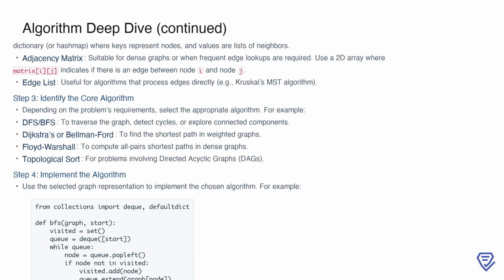For dense graphs, an adjacency matrix is more suitable, as it allows constant-time edge lookups, represented by a 2D array where each cell indicates the presence of an edge. Alternatively, an edge list is ideal if the problem involves processing edges directly, such as in Kruskal's algorithm. Selecting the appropriate representation can simplify your algorithm and improve its efficiency. At this stage, you'll also focus on identifying the core algorithm that matches the problem's requirements.